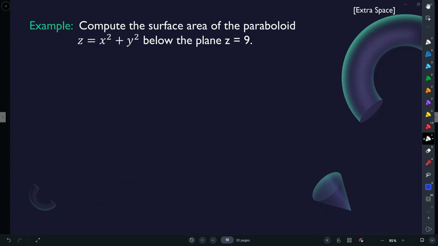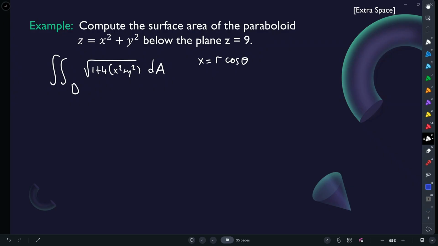I'm going to then integrate, I'm doing the integral over D of the square root of 1 plus 4(x squared plus y squared) dA. I'm going to use polar coordinates. Remember, in polar, the change of variables is that x is r cosine theta, y is r sine theta, and that's it, because we're in 2D. And it's not cylindrical.